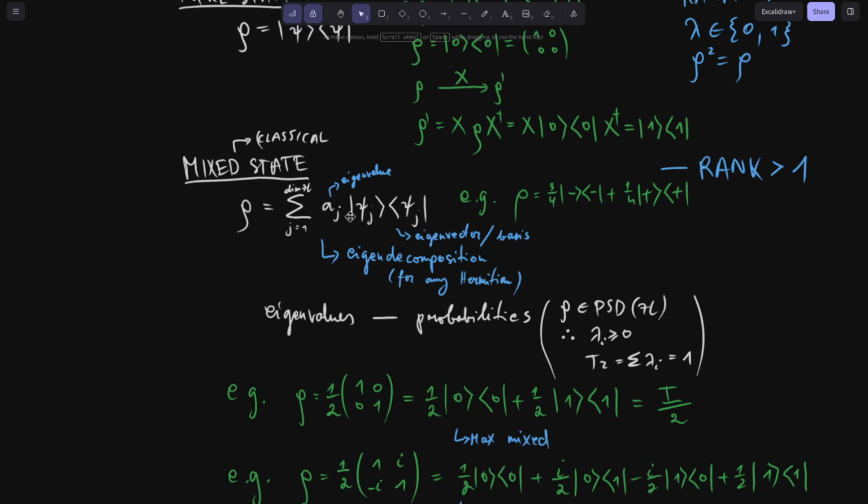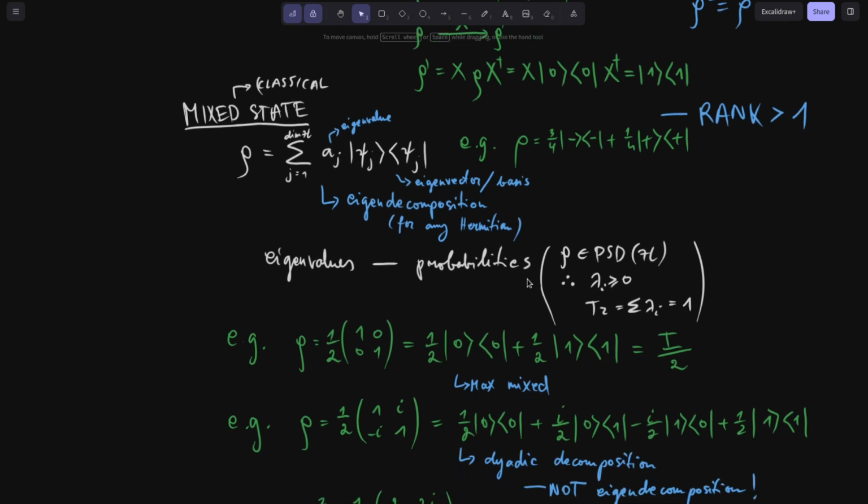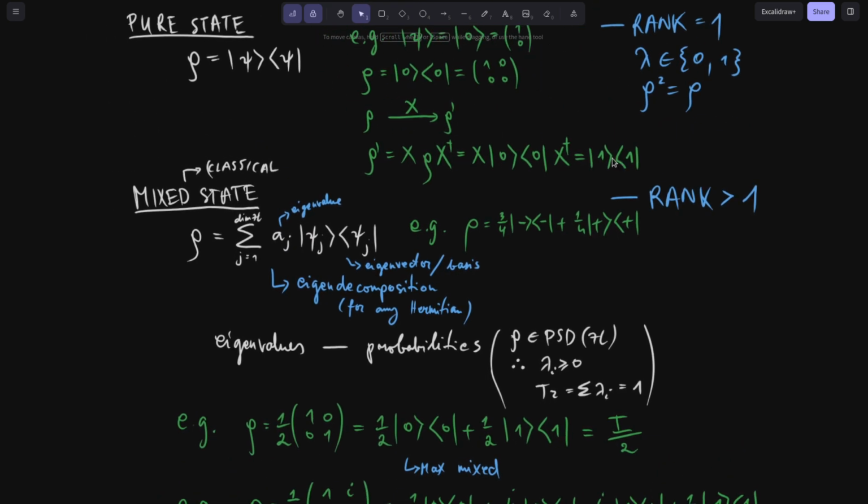Any Hermitian matrix we can expand in eigendecomposition, which means we can find eigenvalues, and then we can find eigenvectors correspondingly, normalized vectors, and we combine everything and we have the expansion. So these are the eigenvalues, and these are the eigenvectors. For example, we can have a state that is 3/4 of this vector and 1/4 of this vector. This eigenvector, this eigenvector, this is eigenvalue, this is eigenvalue.